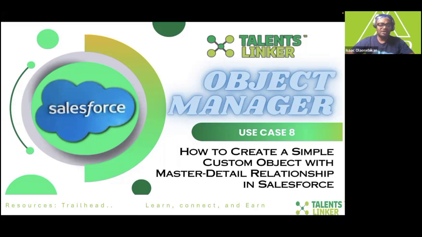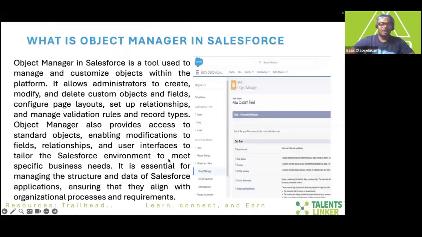Just a simple definition. I just want to define what the Object Manager tool on the Salesforce platform is. Object Manager in Salesforce is a tool used to manage and customize objects within the platform.